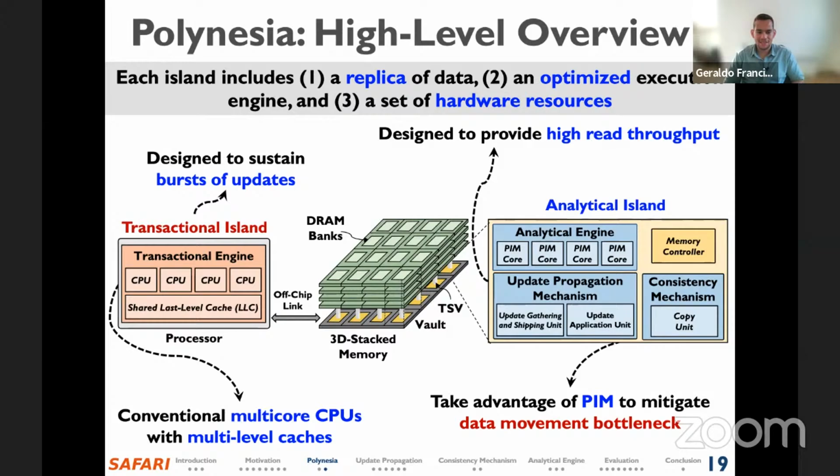So all of the data for both transactional and analytical islands is sitting in main memory. When I say replica, you can think about it like this: there is some set of pages in main memory, pages in the operating system sense. Some pages are allocated for the transactional island, and some pages are allocated for the analytical island.